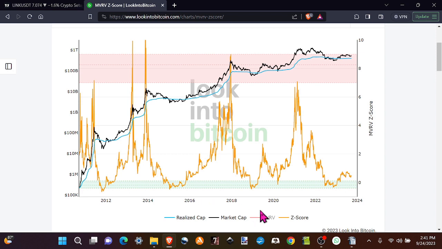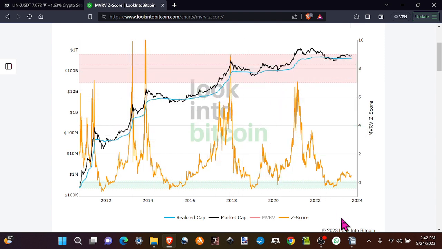Then in 2020, of course, we had the Rona, and this created another oversold, undervalued condition where we hit this zone again. That was a bottom in market cap. This black line up here, this is market cap, by the way.